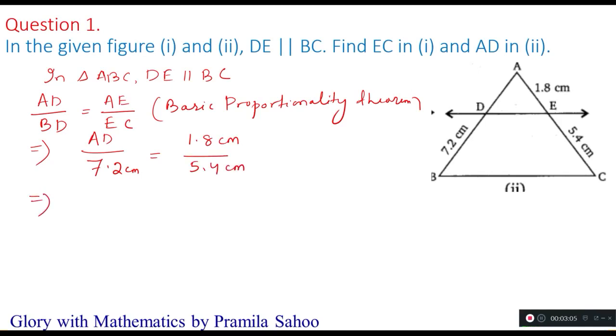So this implies AD by 7.2 centimeter is equal to, this is 1 by 3. So this implies AD is equal to 7.2 divided by 3 centimeter. So that is equal to 2.4 centimeter.